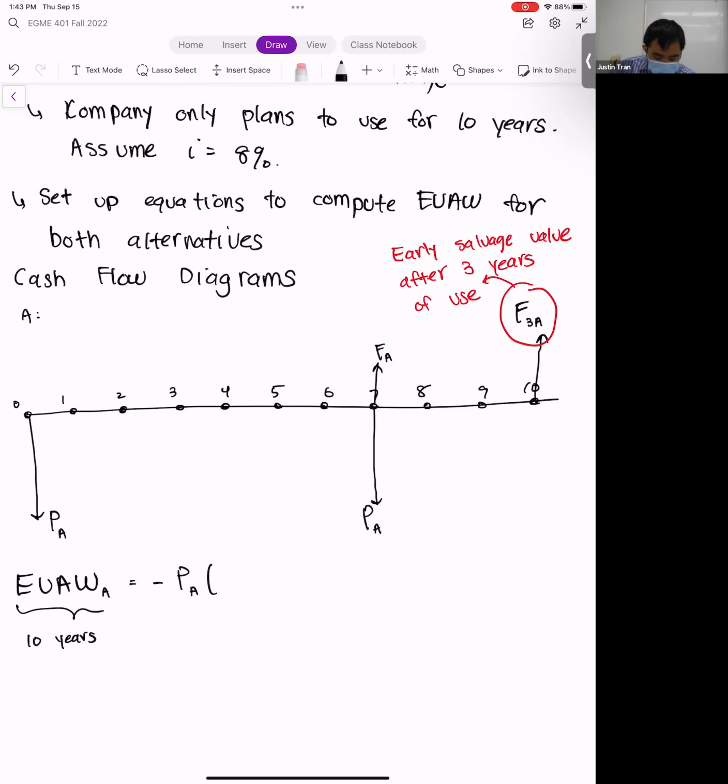Thankfully, this one here is standard, and so we don't have to do anything special for this one, because this is a present sum on year 0, which is the standard form for present sums. And so to convert this to a uniform series, we just have to do one conversion. And so it'll be A over P, 8%, and 10 years. Okay. And so that's going to spread that single sum into a uniform series across the entire way.